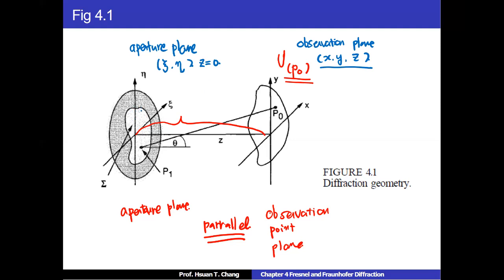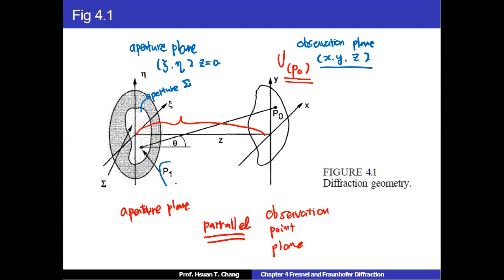This is the aperture. The dark part is simply dark, there is no light. Only the aperture will transmit the light. That's the thing we need to know.